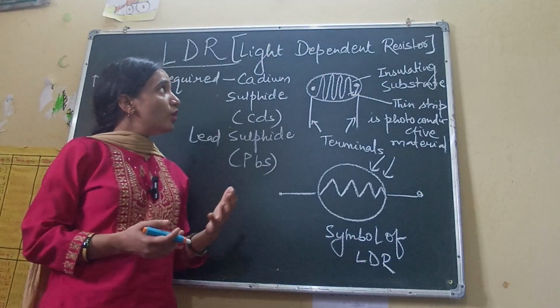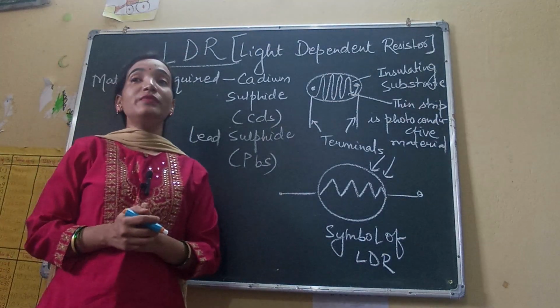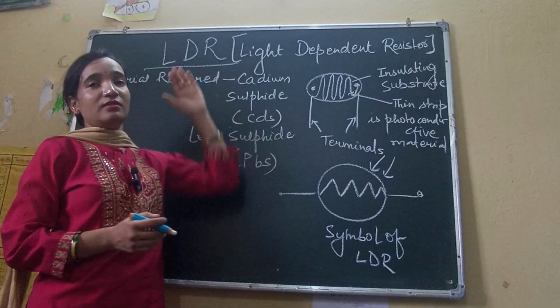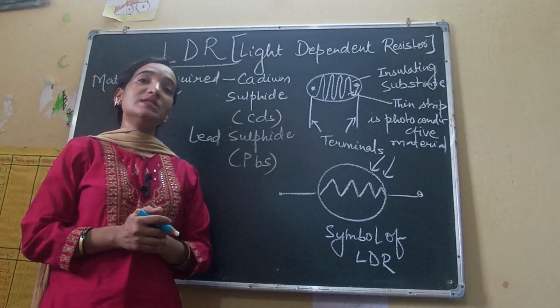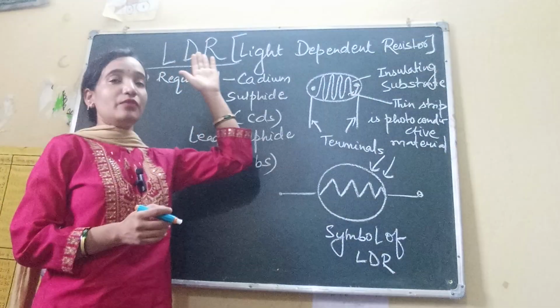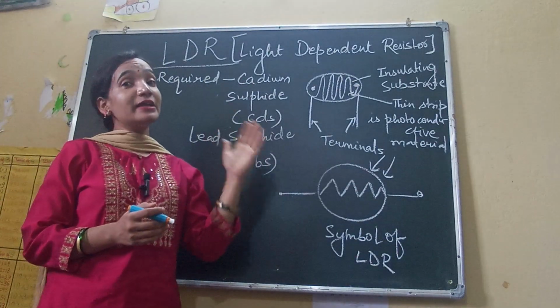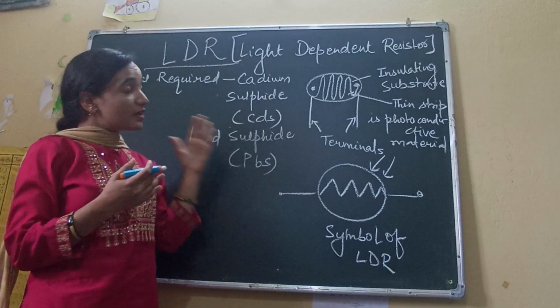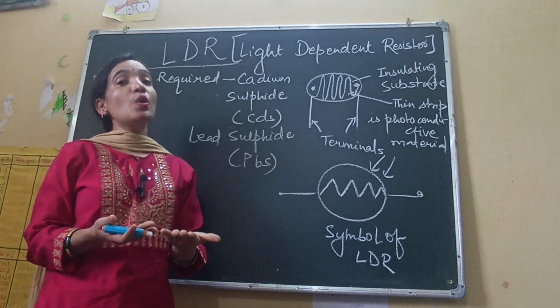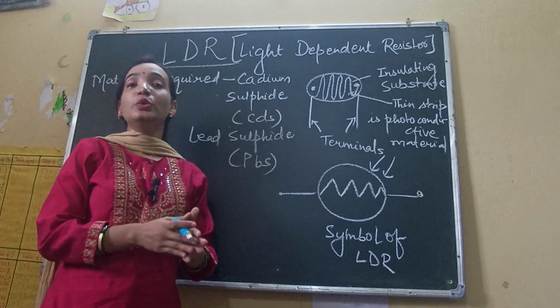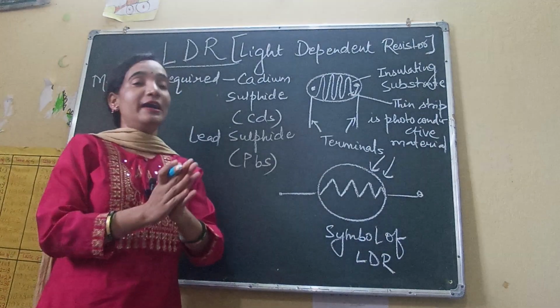Here we are talking about the light dependent resistor. The light dependent resistor is a resistor whose value changes according to the intensity of the light.